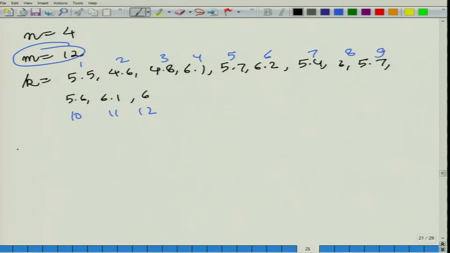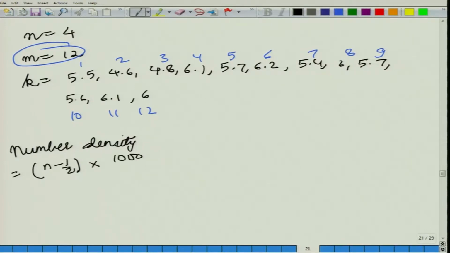So which formula do we use here? We use number density is equal to (n minus half) multiplied by 10,000 upon m pi, multiplied by the sum over 1 over ki square. So here we have n is equal to 4.